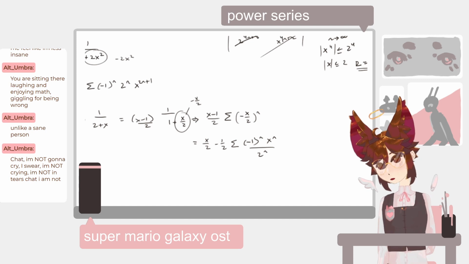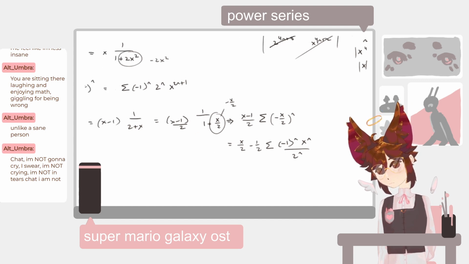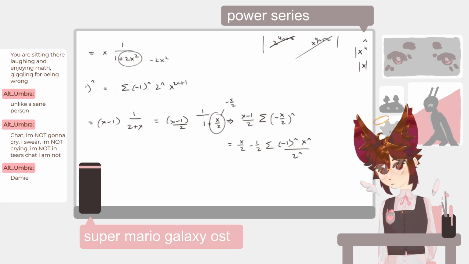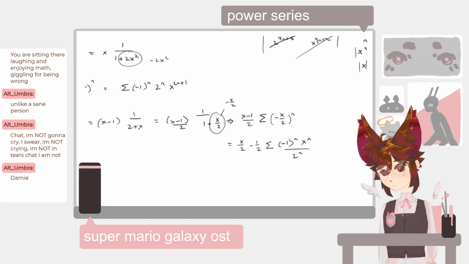Oh, that's not gonna look up well. Power series of x plus 1 over x plus 2. Oh no, x minus 1. Whoa.